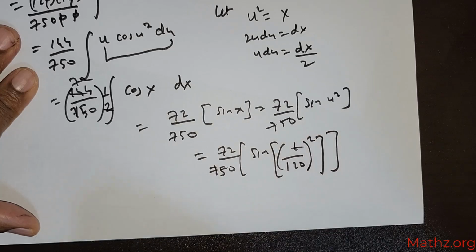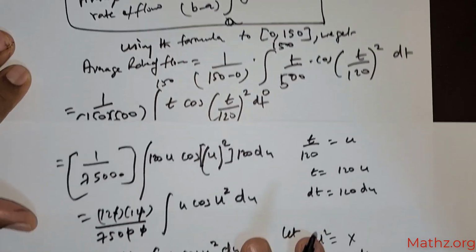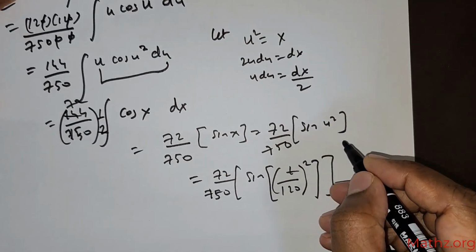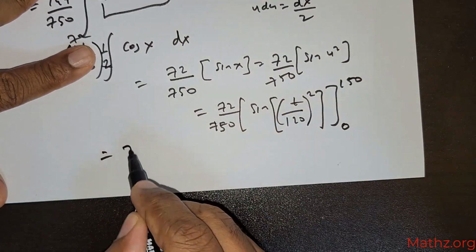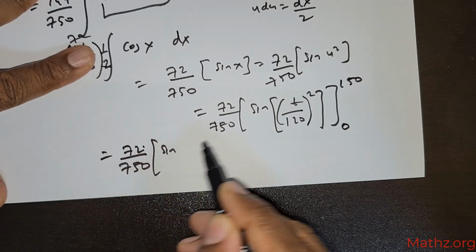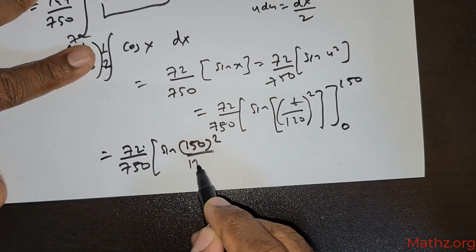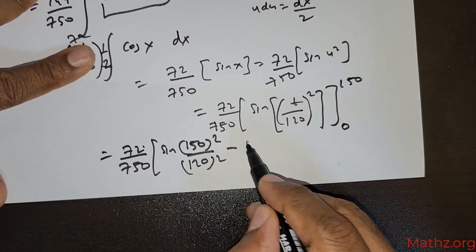Now you place the limits. Now the original limits actually stretched from 0 to 150. So I'm going to place it as 0 to 150. So you substitute the upper limit, you get 72 divided by 750 sine of 150 squared divided by 120 squared, minus, you put 0 there, everything is going to go off.